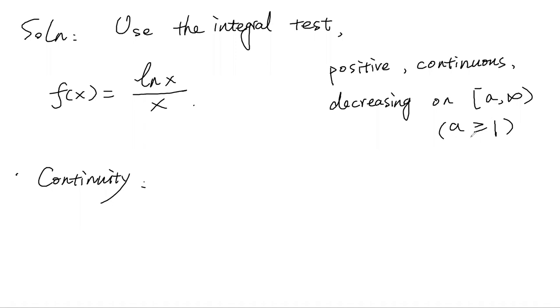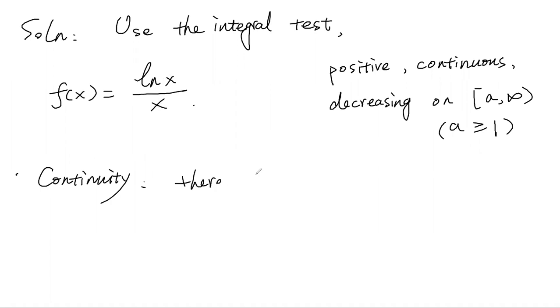But since a is greater than or equal to 1 here, natural log of x is continuous. And x, or 1 over x, is also continuous from a to infinity. So this is just the ratio, the fraction, of two continuous functions. So f of x is continuous.